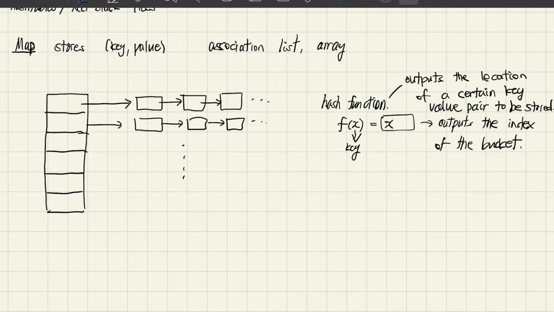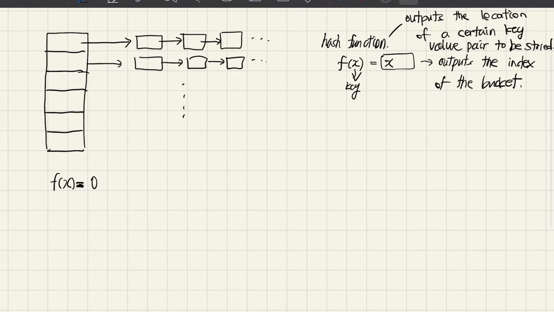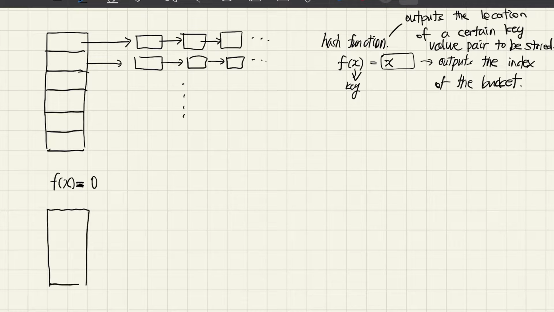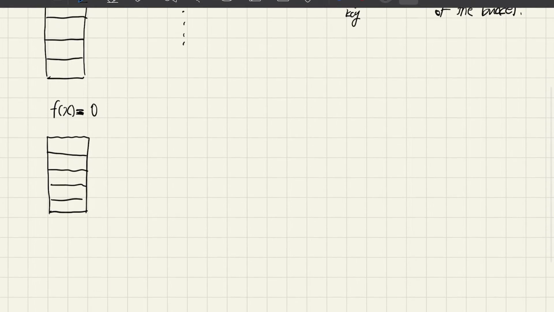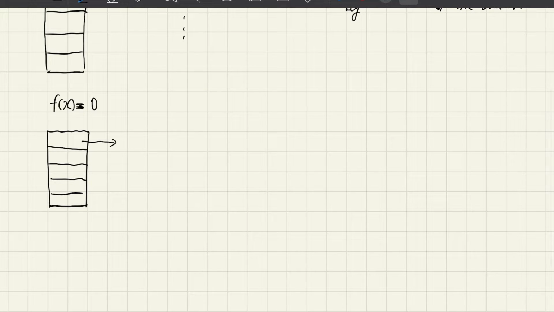And of course, there's a good and a bad hash function. To achieve constant time, the hash function has to be good. And the reason is, let's say that you have a hash function f(x) equals 0. No matter what you put in, it gives out a 0. Then the hash table would look like this. Let's say there are multiple buckets. Every key value pair would be stored in the first one because the hash function always outputs a 0.